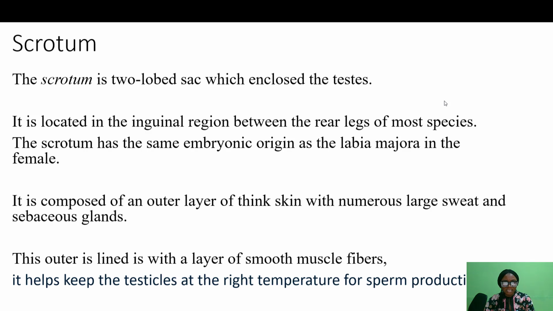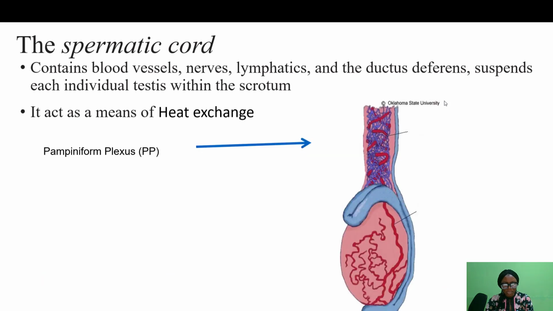It is usually located at the inguinal region between the rear legs in most of these species, and it is composed of thick skin with numerous large sweat glands and sebaceous glands. As I said earlier, it is relatively hairless compared to the body of the animal. It helps the male animal to maintain a relatively constant temperature for the testes to enhance spermatogenesis.